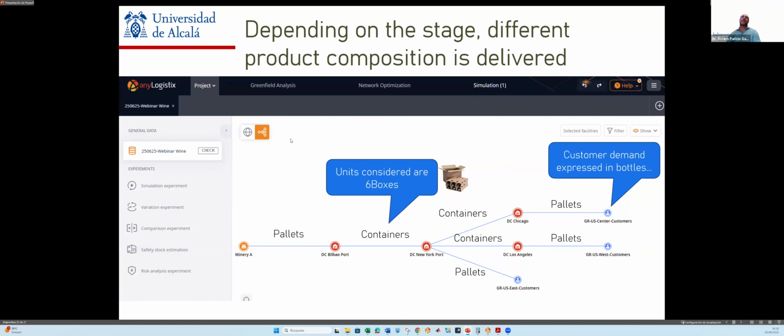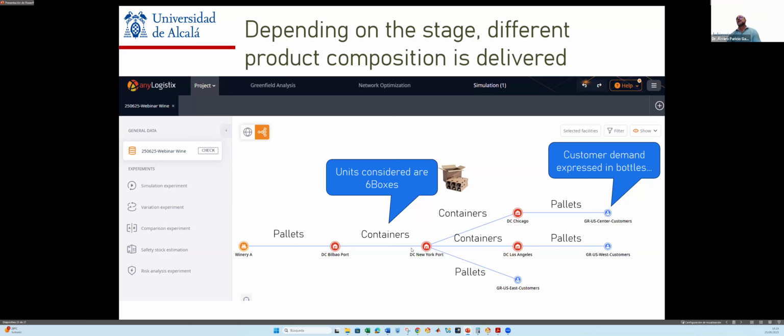just to simplify and to understand the logic behind the simulation, all these concepts are required before you enter into the simulation, because you need to model the whole thing, and it's important to focus on this. So from the winery, from the bodega, we are moving pallets into the port, and the port is grouping in containers.